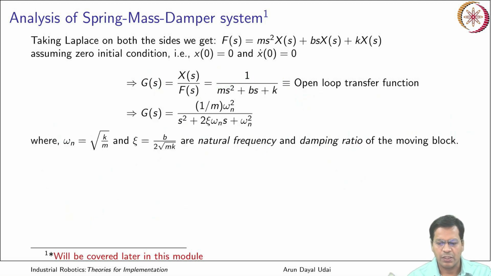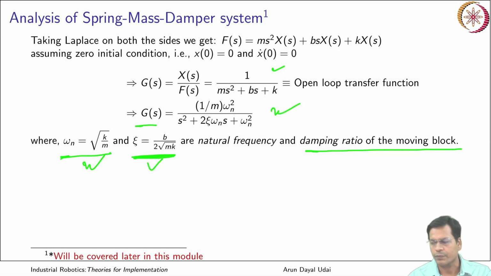Okay, so yes, now I am again expressing it in the way omega n, that was natural frequency of the system, you know that. So omega n, and zeta is the damping ratio of the moving block. If I use these two substitutions, I can write the same equation like this.